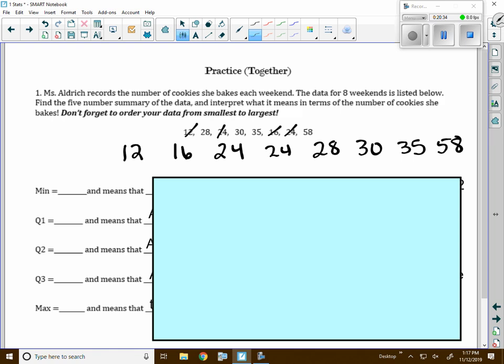Go ahead and do minimum, Q1, Q2, Q3, and max. I want you to see if you can find this on your own. You can check those up here when you get done.